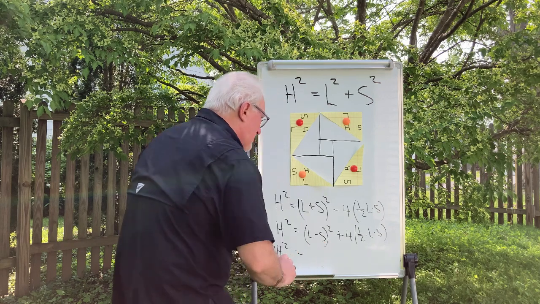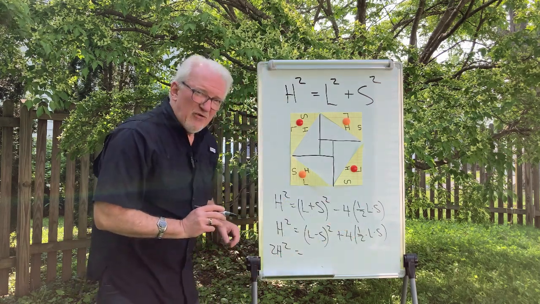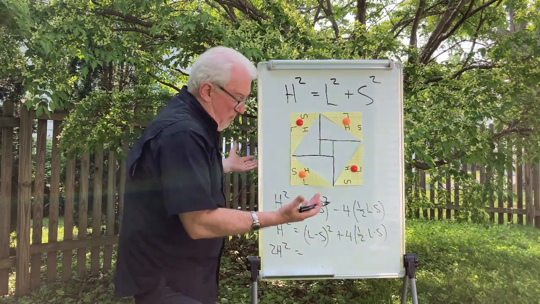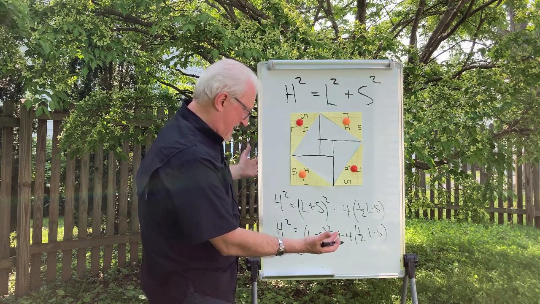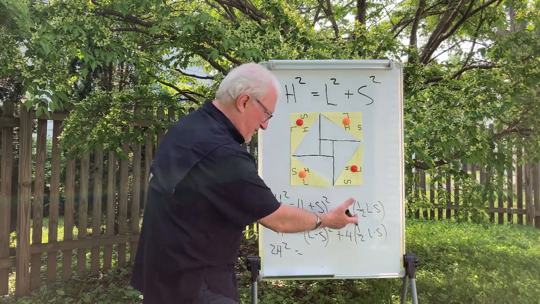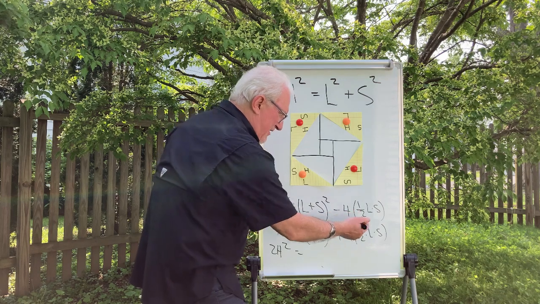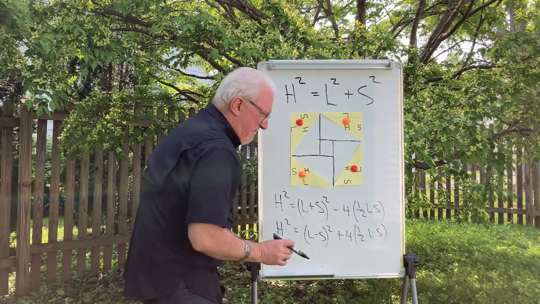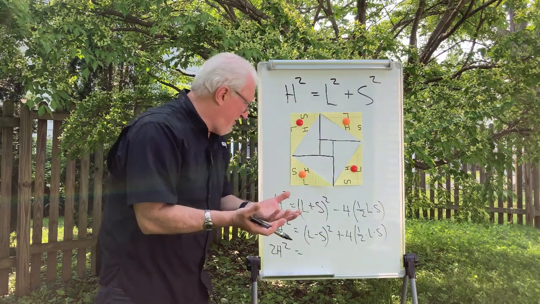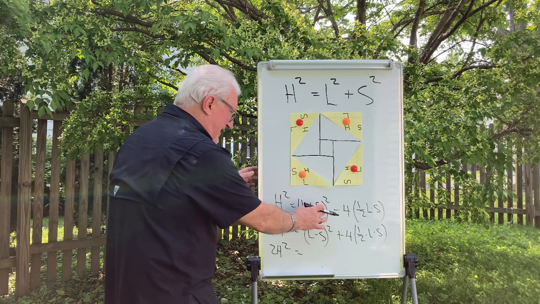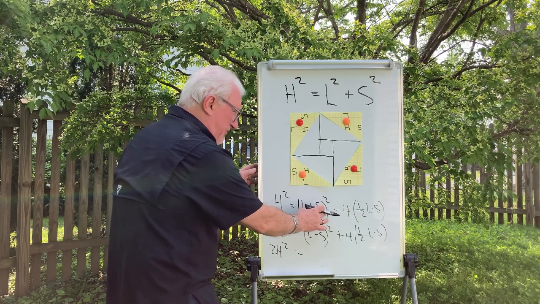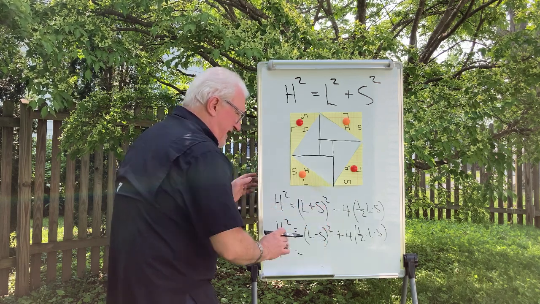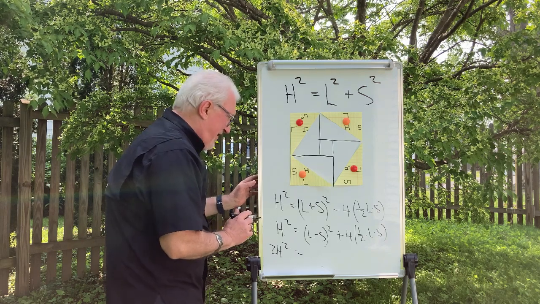And when I add the two right-hand expressions together, in the first one I have a negative 2LS, in the second one I have a positive 2LS. Those are going to sum to 0. And all I'm going to have left is the L plus S squared plus the L minus S squared.